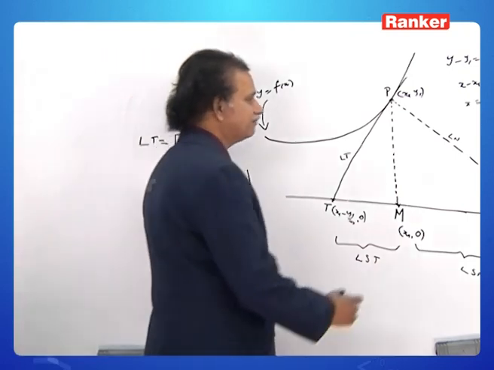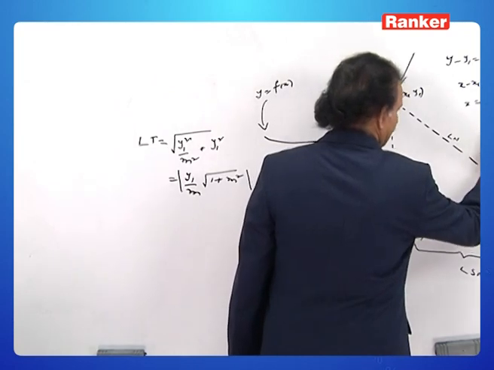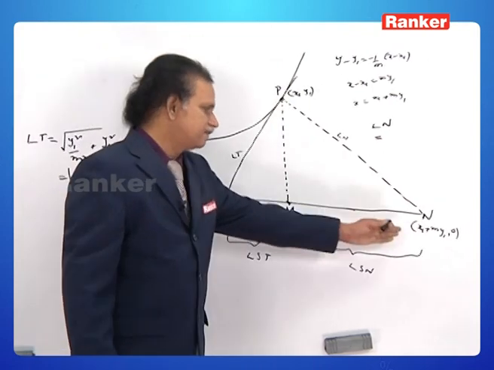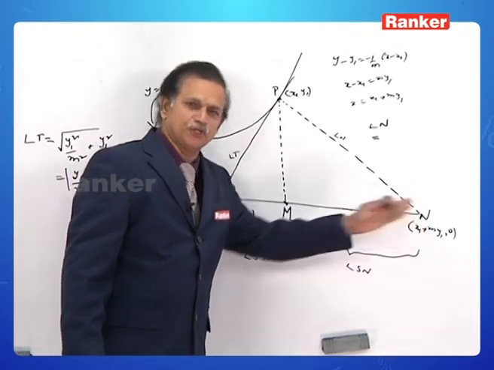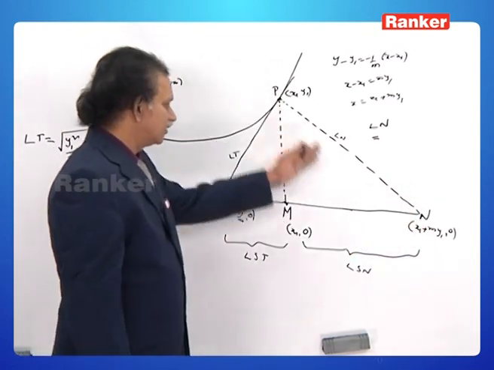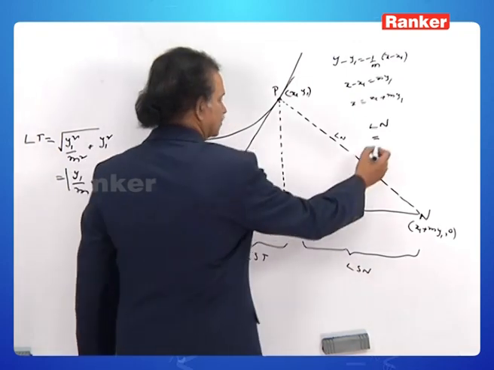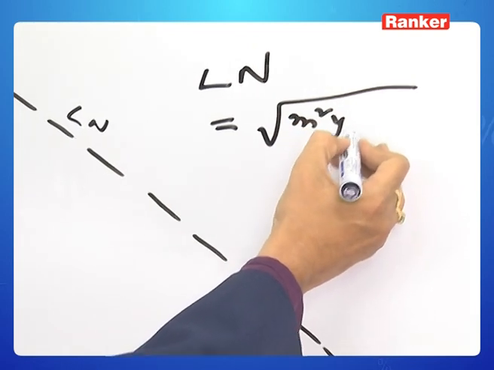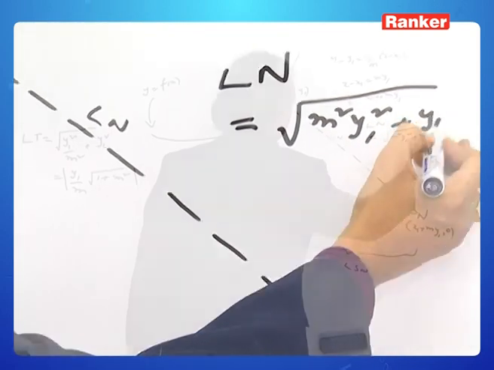Well, length of the normal. What is length of the normal? This is x1, y1. This is x1 plus m y1, 0. Distance is x1 minus of this is m square y1 square plus y1 square.